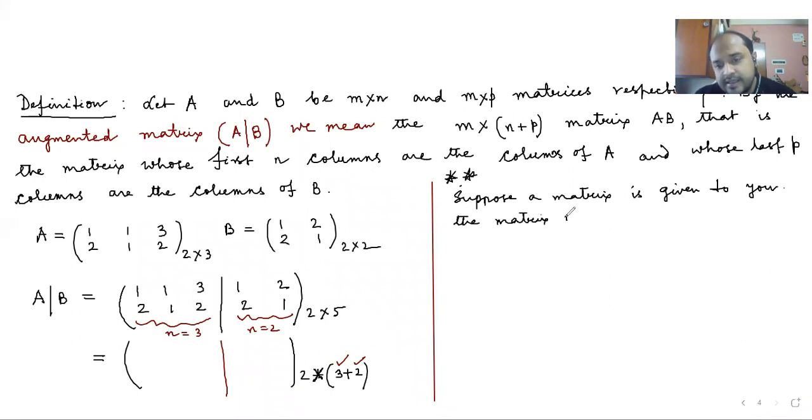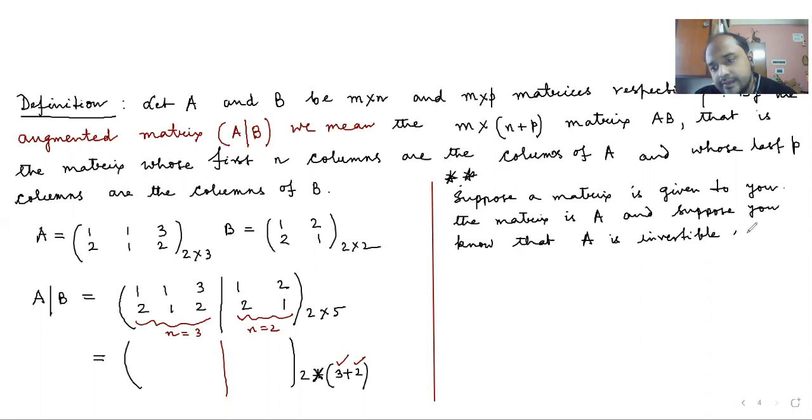Suppose you know that A is invertible, that is, rank of A is equal to order of A. Suppose you know that.